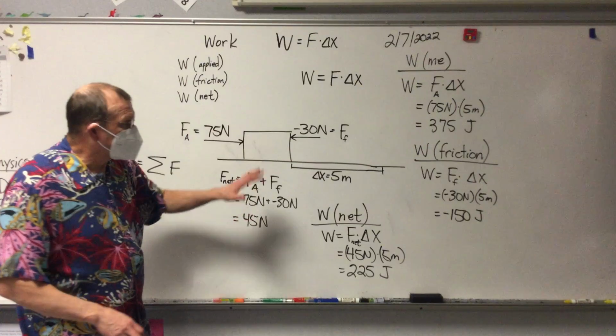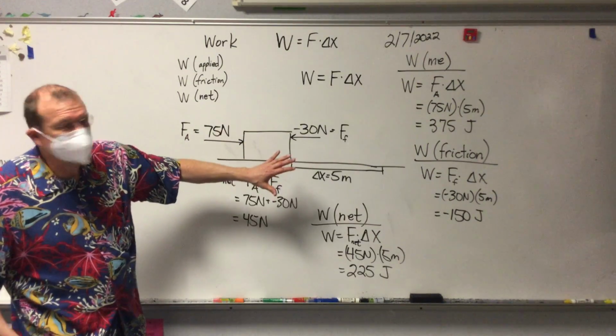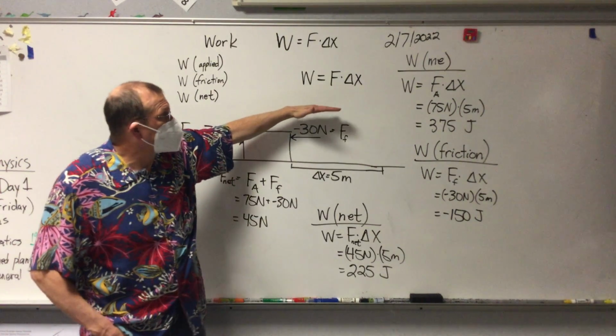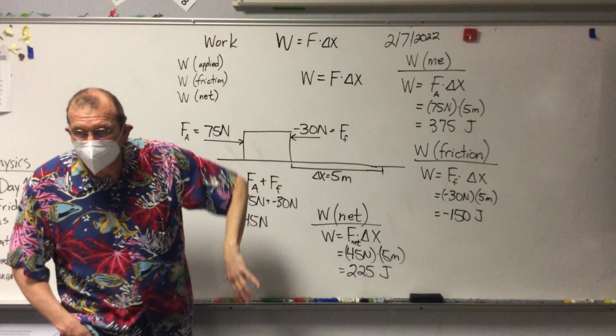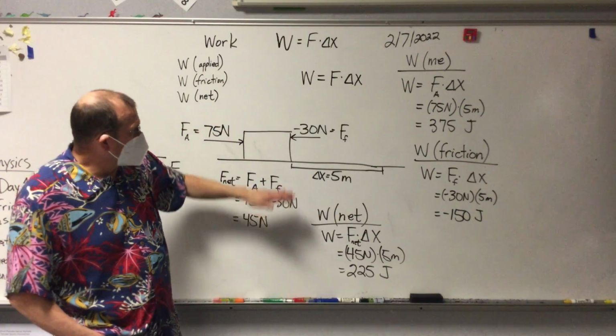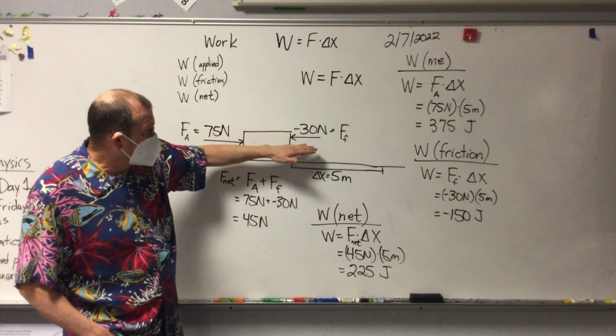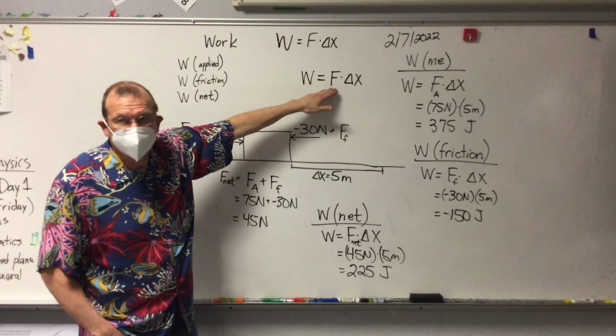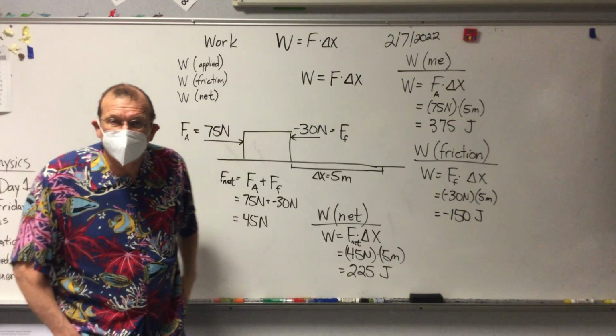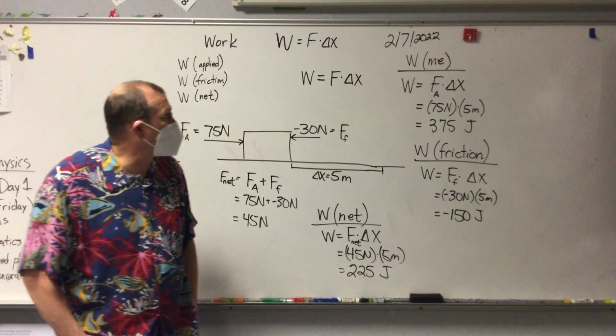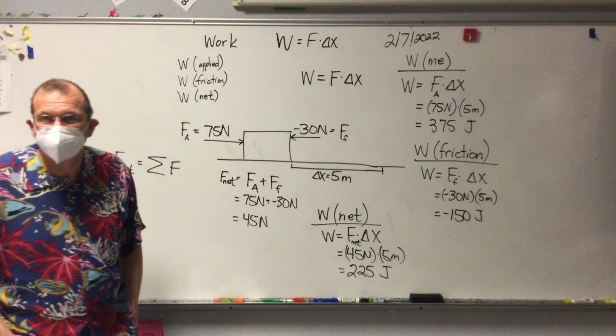So just keep in mind from this example that work can be positive and it can be negative. The primary thing it depends on is what direction the force acting on an object is acting in.